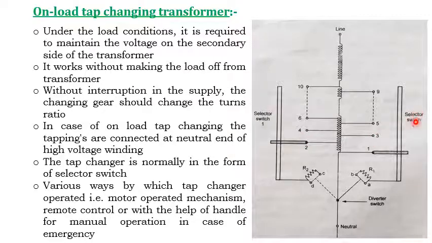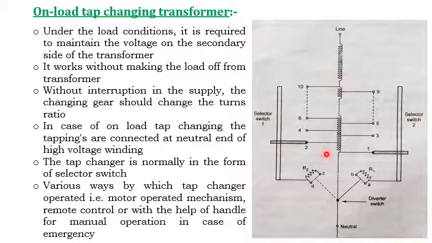That means selector switch 2 is connected to the third tapping. Further, if you move the diverter switch to the left position, the fourth tapping is connected to selector switch 1, and so on. So with the movement of the diverter switch, the tappings are changed, shifted from one tapping to another tapping.